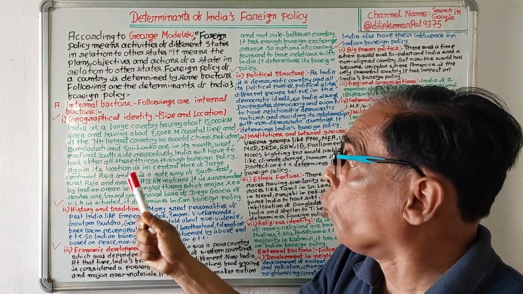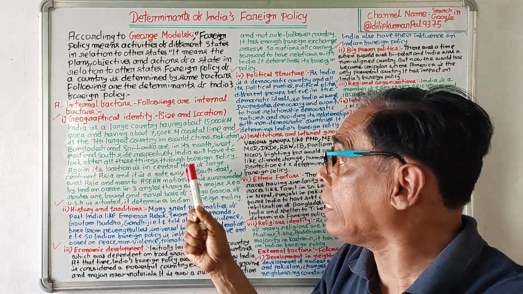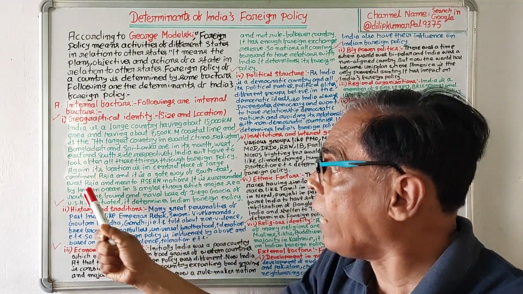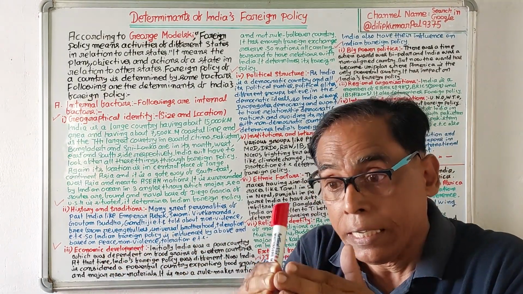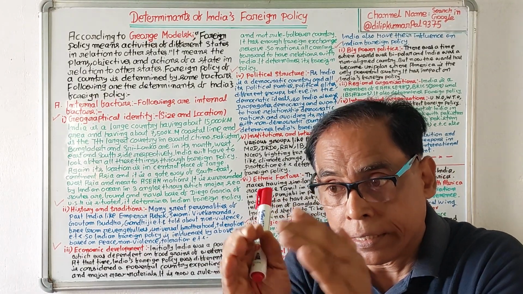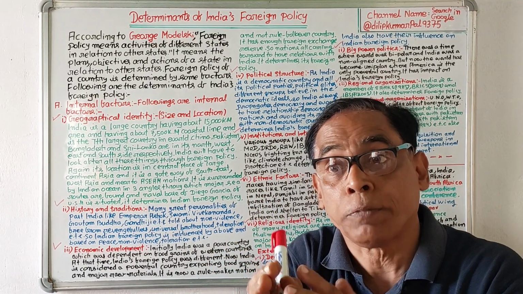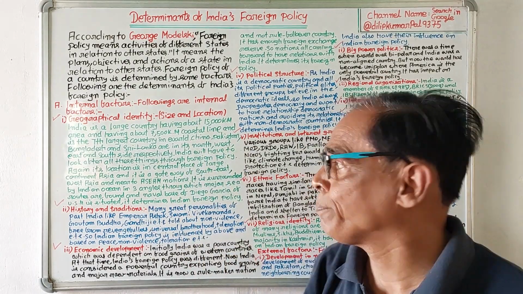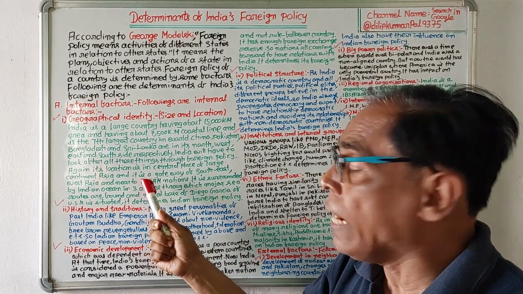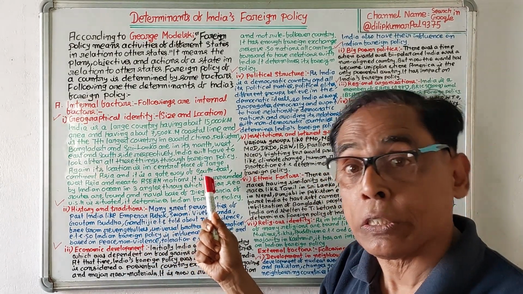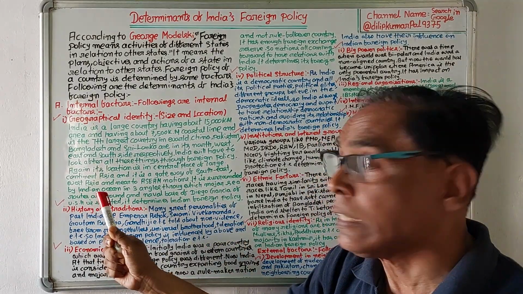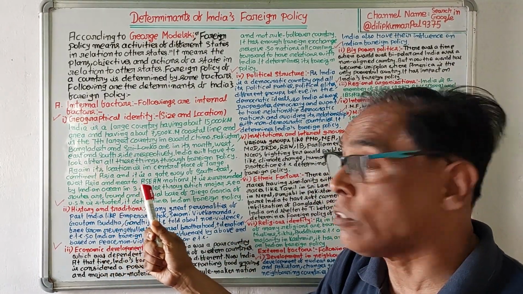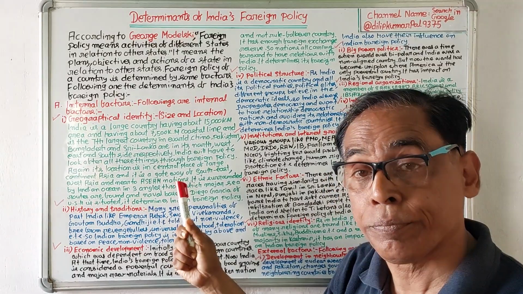Again, its location is in the central place of the large continent Asia. India is located in the central place of the large continent Asia, and it is a gateway of South, East and West Asia and near to Asian nations.